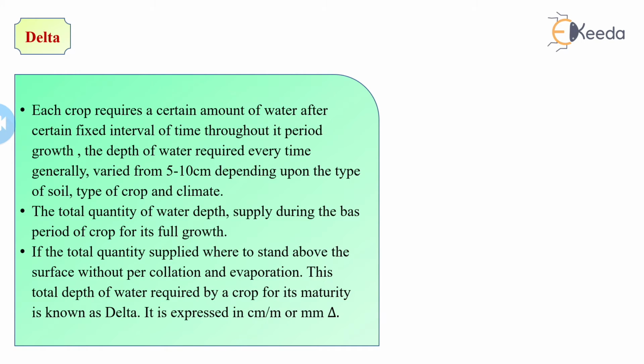If the area under that crop is A hectares, the total quantity will be 120 centimeters into the area, that is hectare meters in the period of 120 days. So in this manner, we will calculate the delta: how much depth of water can stand above the surface without any losses is known as delta.